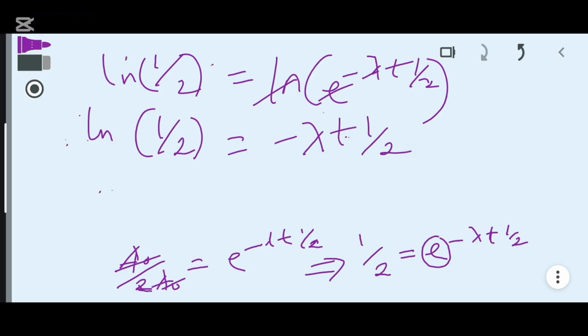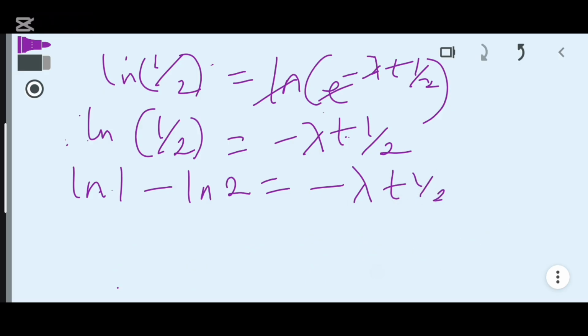Now we are going to turn this division into subtraction. That's the rule of logarithm: when you have division in logarithm, that means you are subtracting. So ln 1 minus ln 2 equals negative lambda t half-life. Ln 1 equals 0, so minus ln 2 equals negative lambda t half-life.